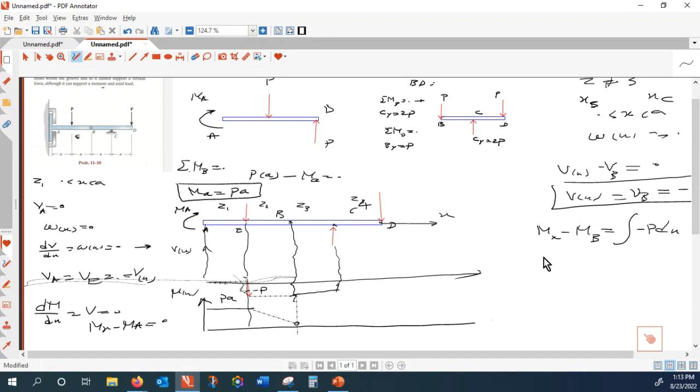And this one is 0. So that is M of x is equal to minus Px. So minus Px, that is 0 here. But then when you get to the point C, it becomes minus PA. So it goes to minus PA.